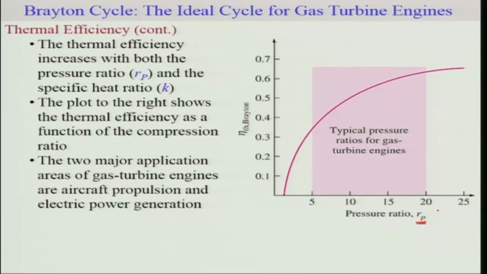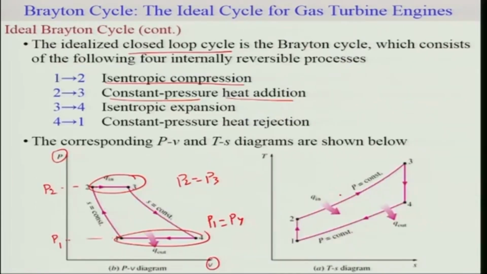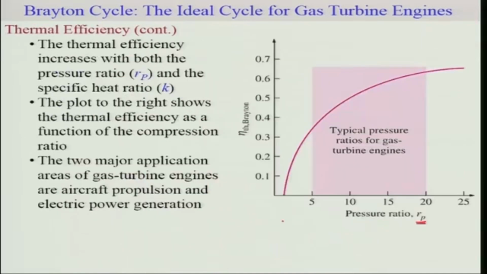However, for a typical gas turbine, the pressure ratios are in this region. The other aspect is that the highest temperature in the cycle, which we have seen here, is at 3, when you add the heat through a heat exchanger or, in a sense, through the combustion chamber. This high temperature is limited by the material properties, because the material, particularly the turbine blade, should sustain this high temperature.